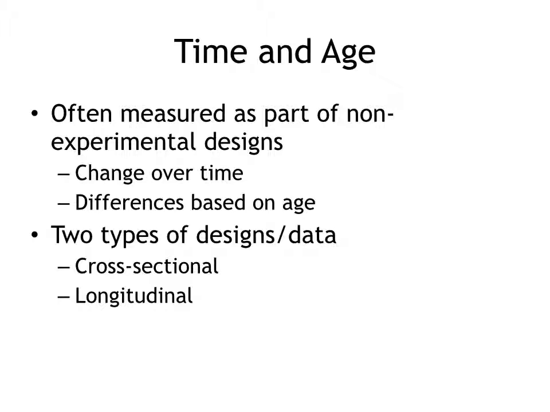It could be a survey, it could be correlational, it could be descriptive, it could be quasi-experimental. Time and age don't relate to a type of design, but those designs that focus on changes or differences that are time related. Age is often very important in research design.